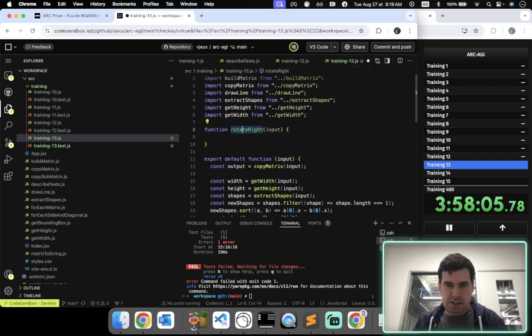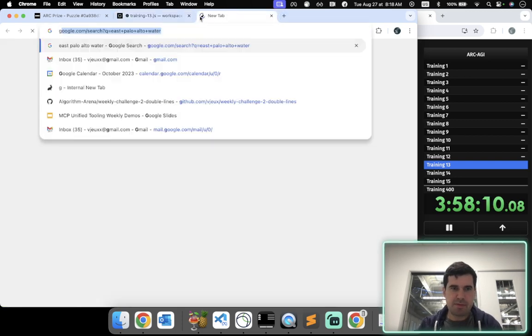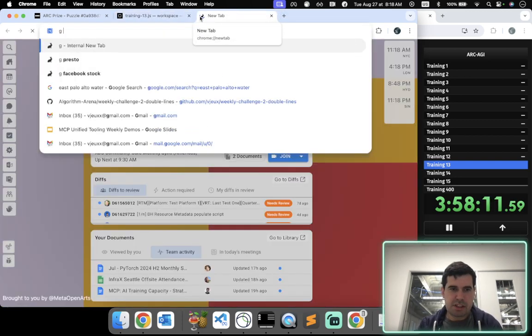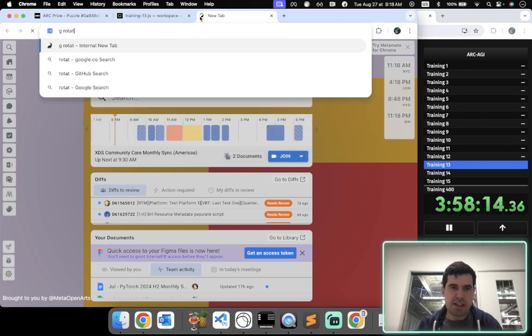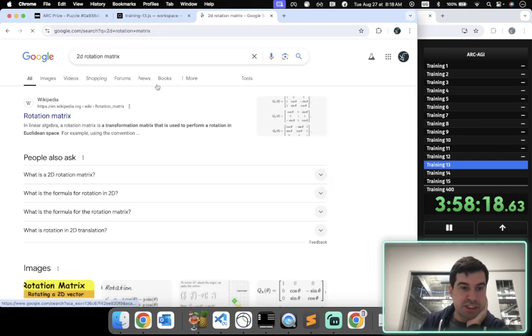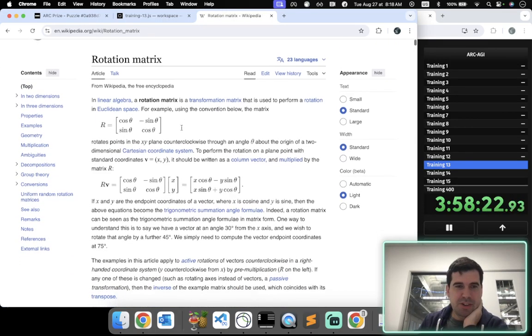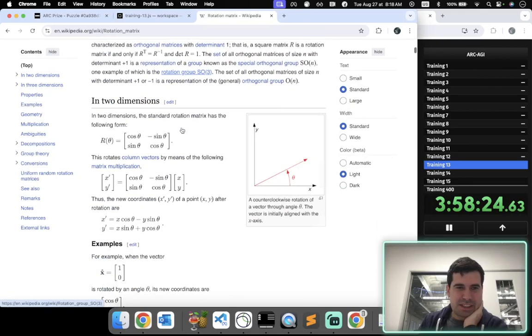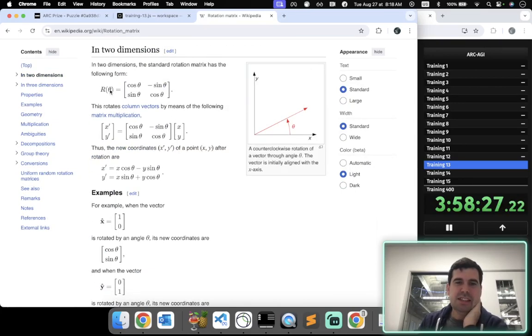So rotate 90 degrees right. So what's interesting is there's a concept called 2D rotation matrix. And this is going to be overkill for this, but this is the idea.